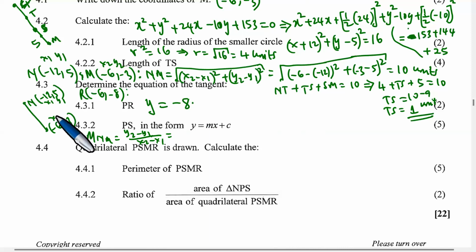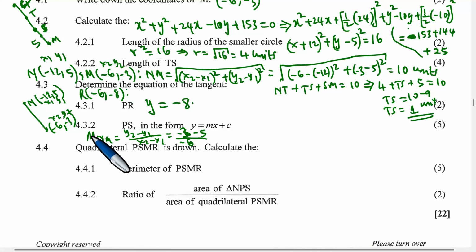What is y2? It's minus 3. What is y1? It's 5. x2 is minus 6.